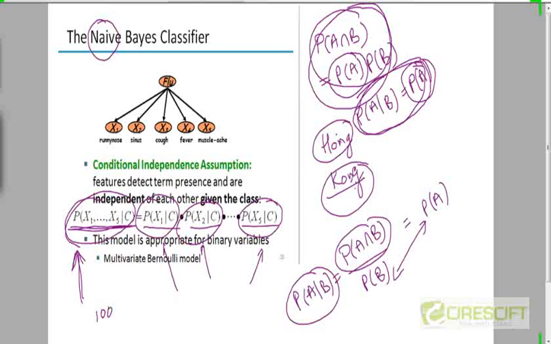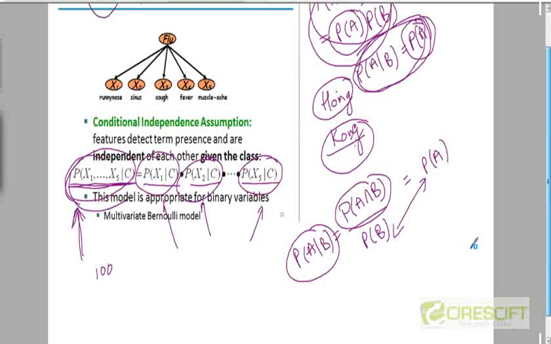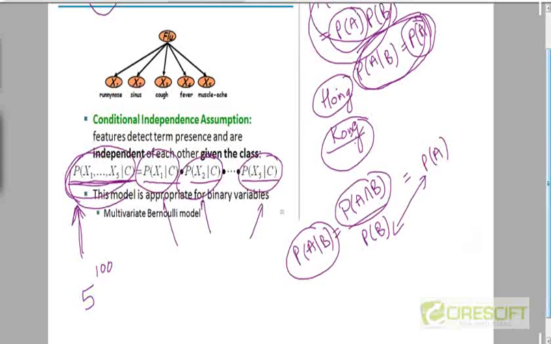Let's say your vocabulary size is 100. How many such probabilities will you need to pre-compute from your training phase so that you can store them and then use them in the test phase? Well, you'll have 5 to the power 100 possible combinations, right?